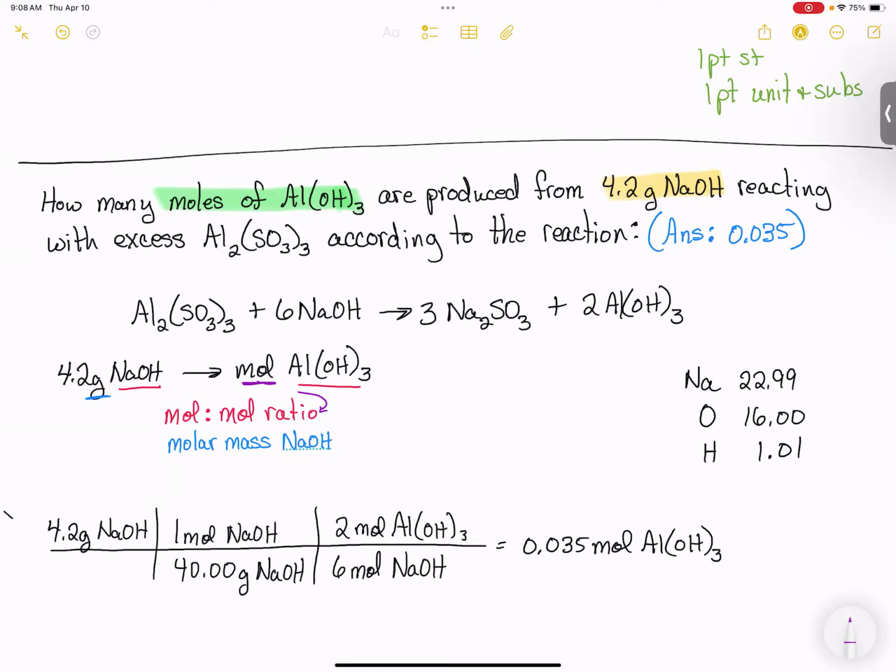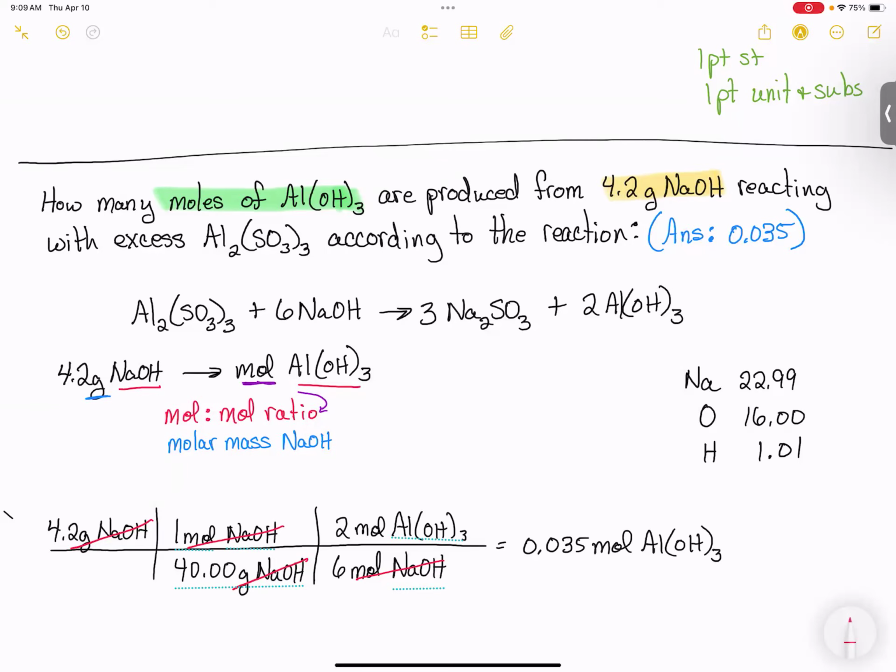And so I took the 4.2 grams. I used the molar mass first, and I put the mass of sodium hydroxide in the denominator so that the unit and the substance would cancel. That left moles of sodium hydroxide. I then used the mole to mole ratio of sodium hydroxide to aluminum hydroxide to convert that into moles of aluminum hydroxide. Since that is what I wanted to solve for, I completed this calculation and I got 0.035 moles of aluminum hydroxide.